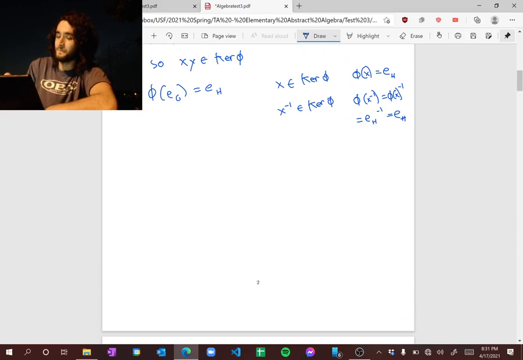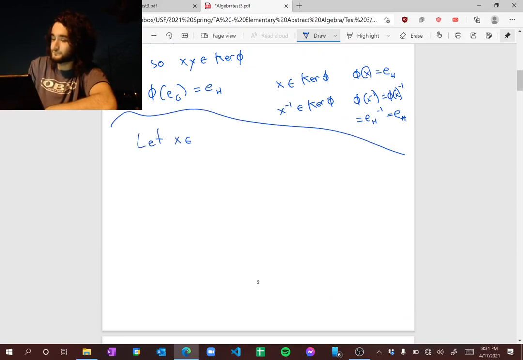So again, you've got to pick something in the kernel and consider anything in G. And what we want to know is whether g x g inverse is in the kernel.